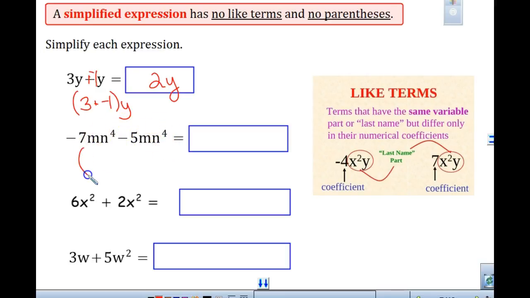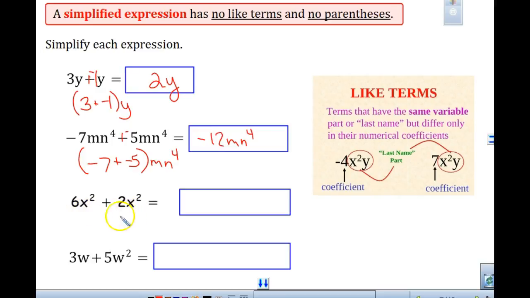Yes. Put your coefficients. m to the 4th. Negative 7. I like changing subtraction to add the negative because I make less mistakes. Taylor, how much? 12 m to the 4th.